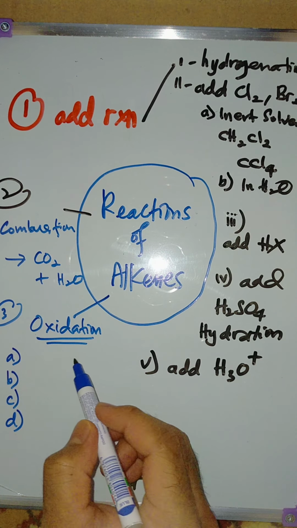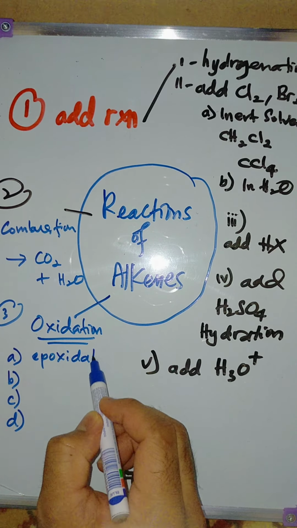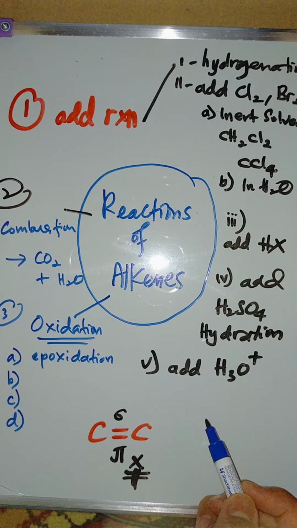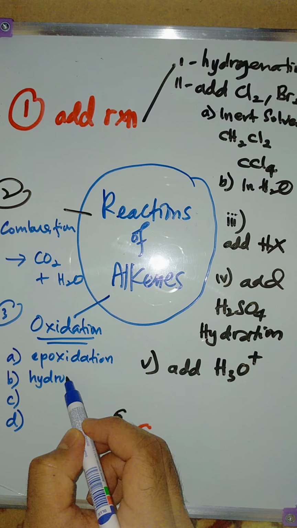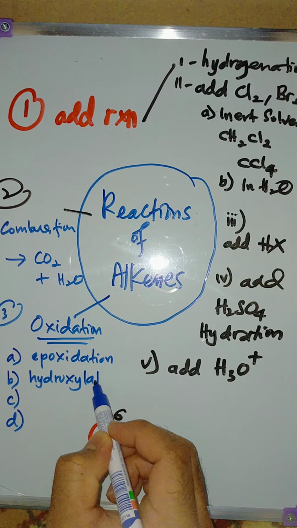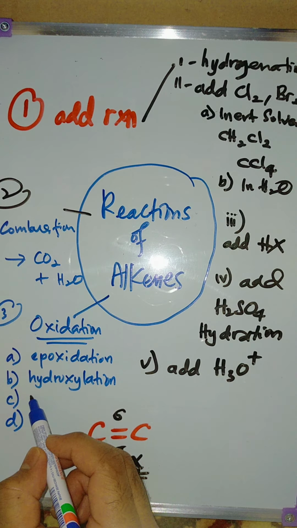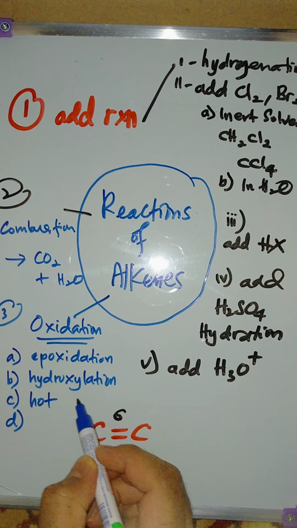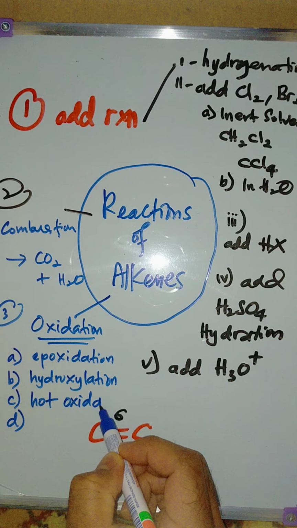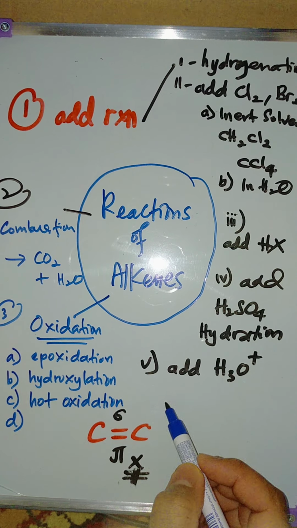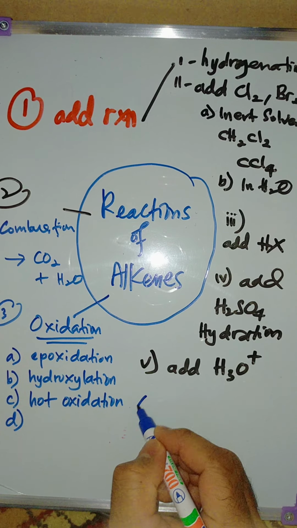So under this oxidation reaction, you will have about 4 types of reaction. The first is epoxidation. You can refer to your notes at the same time. Okay, and then followed by hydroxylation, and then I call this hot. The third one is hot oxidation. So bila hot oxidation ni maksud you akan deal with the reflux.